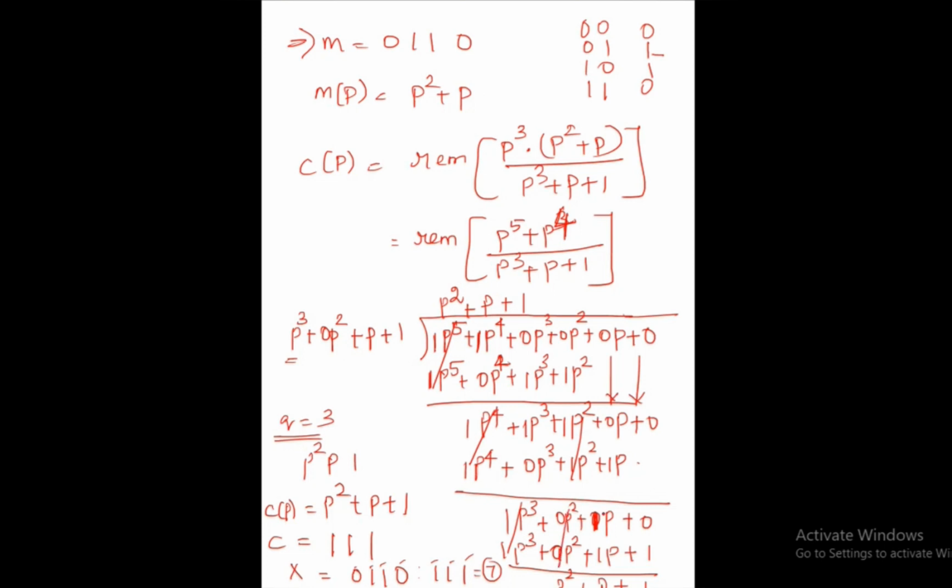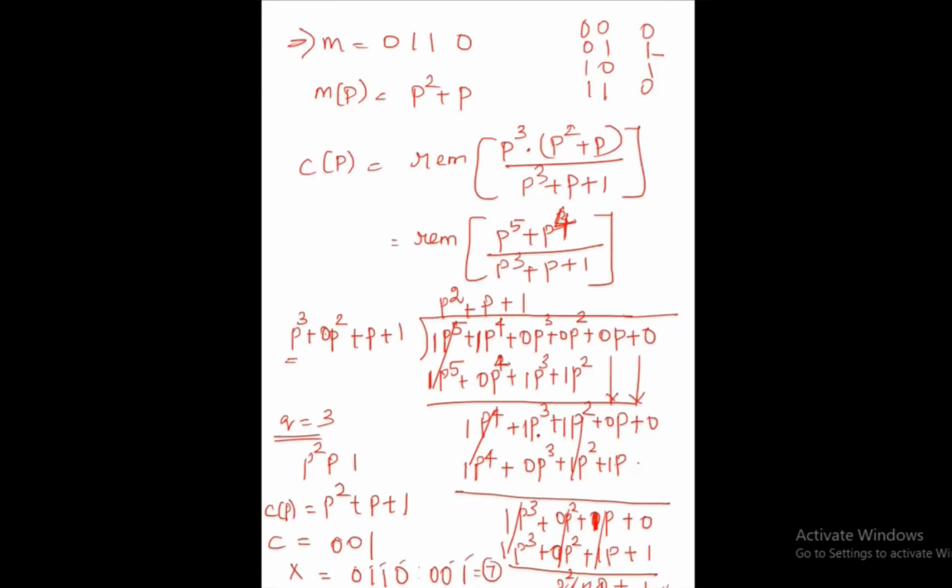Two. Sorry, your answer is 1. Okay, your answer is 1. So here your answer is 0, 0, 1. Okay. So p square, p term all get cancelled. Only a constant is available. So it is 0, 0, 1. Okay, what mistake I did now? Here it is 0 and 1 will give you 1p, right? And here what mistake did I do now? 0 into the 0 p square into 1 is 0 p square. Okay. So this is your answer.